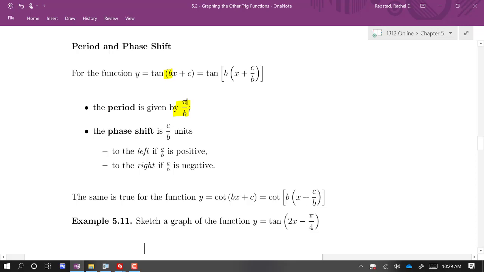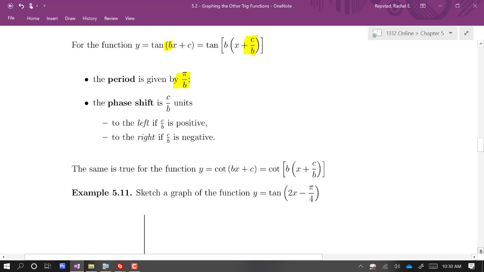So we do the same thing that we did with sine and cosine, only it's pi over b instead of 2 pi over b. And to get the phase shift, we do the same thing. We're going to factor that b out, and then this number here is the phase shift. And again, it's to the left if we're adding it, it's to the right if we're subtracting it. The same is true for cotan. Here I've written it out for tan, but the same is true for the cotangent function.